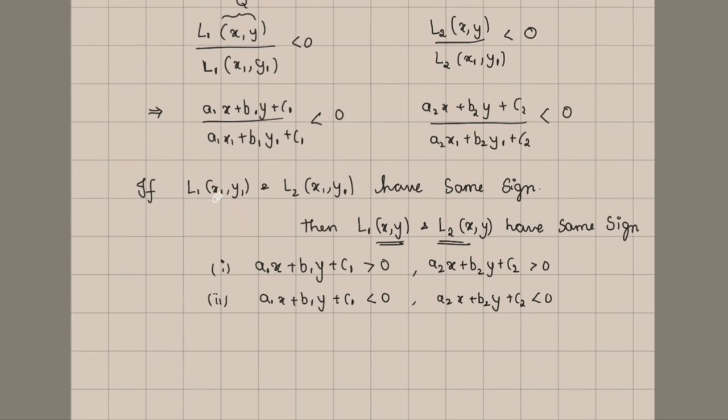Now, if L1 of x1 comma y1 and L2 of x1 comma y1, which are these two, have the same sign, then L1 of x comma y and L2 of x comma y will also have the same sign. Why? Because let's say L1 of x comma y has a positive sign, then L1 of x1 comma y1 will have a negative. But we have said that L1 of x1 comma y1 and L2 of x1 comma y1 have the same sign. So if this is positive, then this also will be negative. So these two will have the same sign.